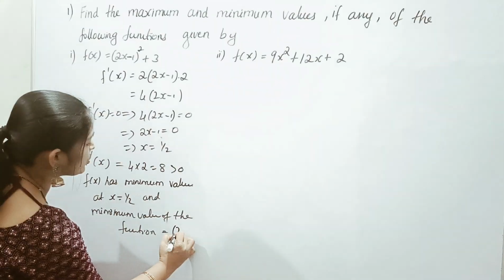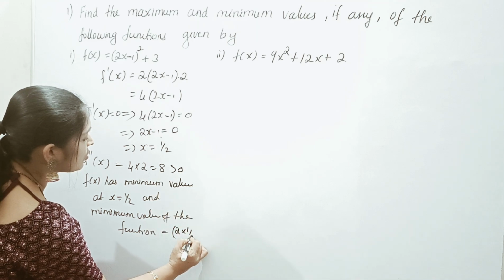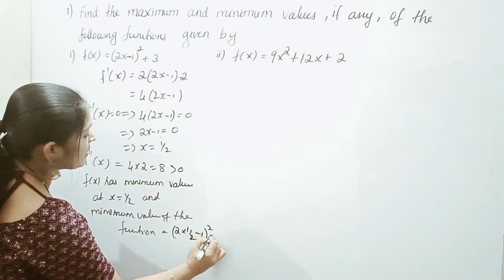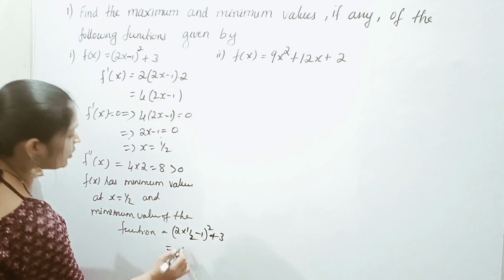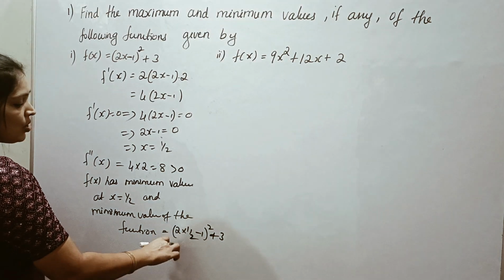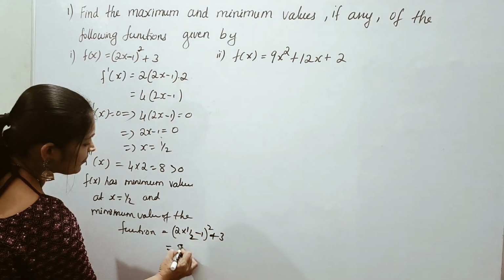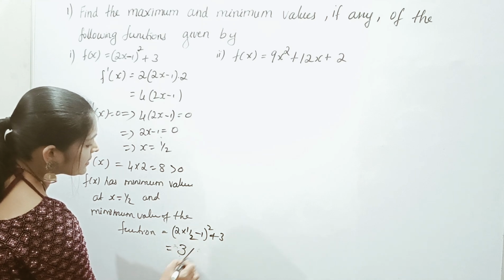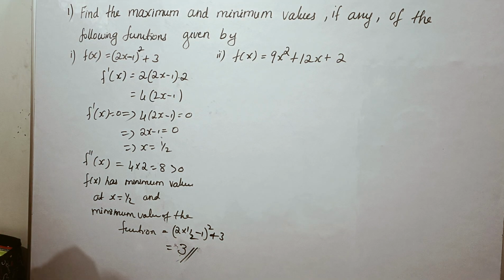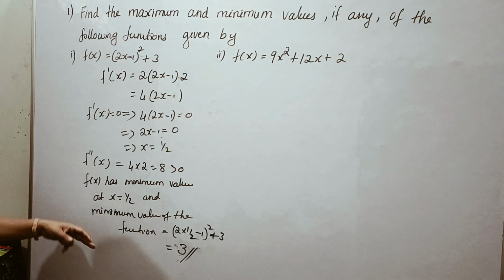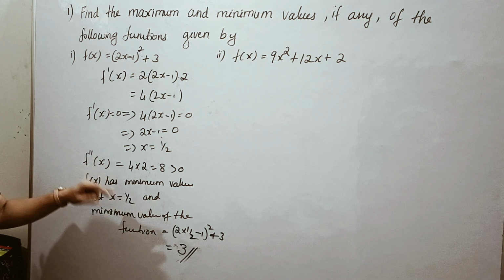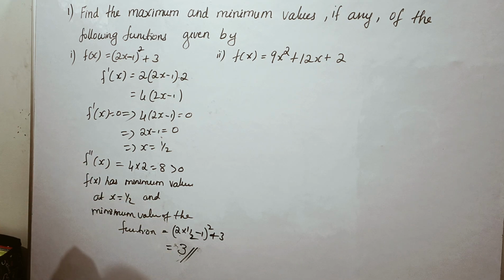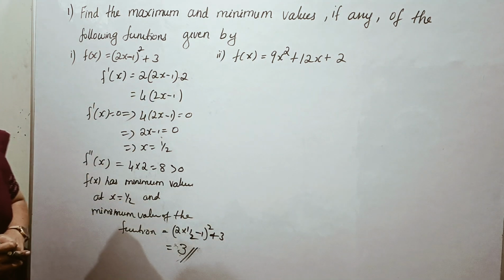So here 2 into (1 by 2 minus 1) whole cube plus 3, that is equal to 2 cancelled, so 1 minus 1 is 0, so 3. So 3 is the minimum value of the function. So this function has minimum value at x is equal to 1 by 2 and the minimum value of the function is 3.